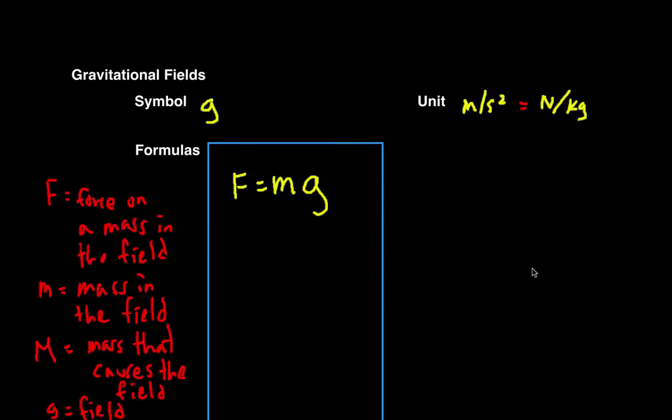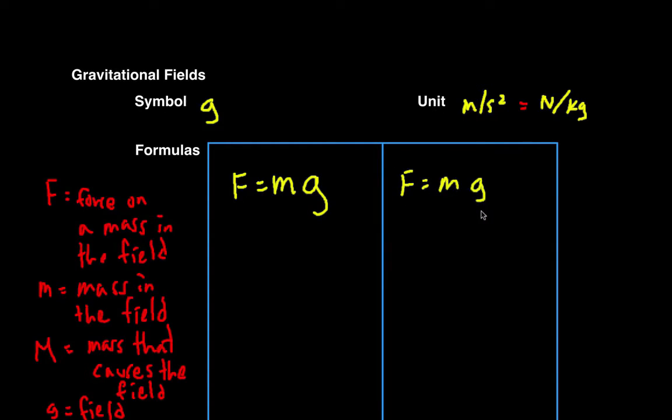So we have F equals mg. The force on a mass in the field equals the mass in the field times the magnitude of the field at that point. Now, we can also derive a second formula. Since F equals mg, we can rearrange this to get g equals F over m.